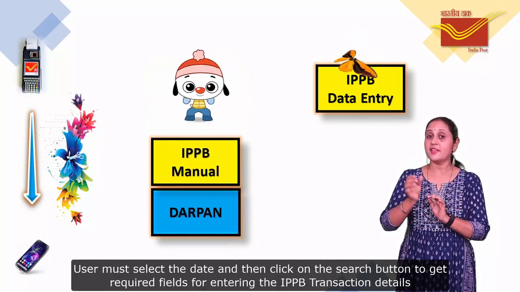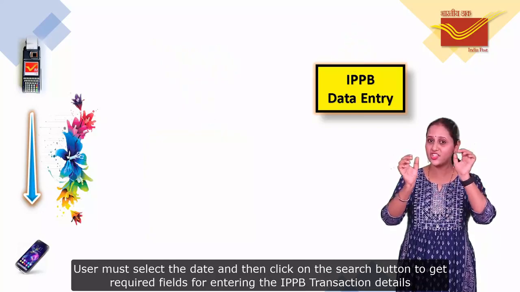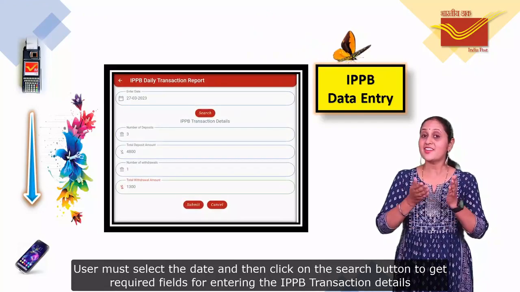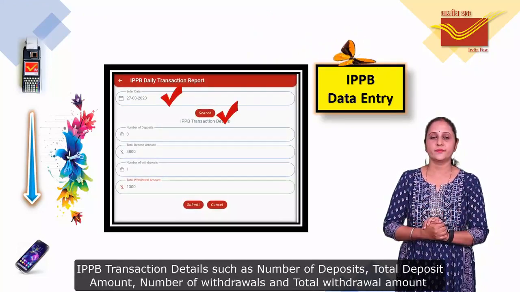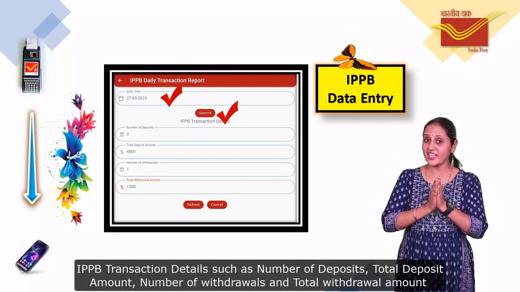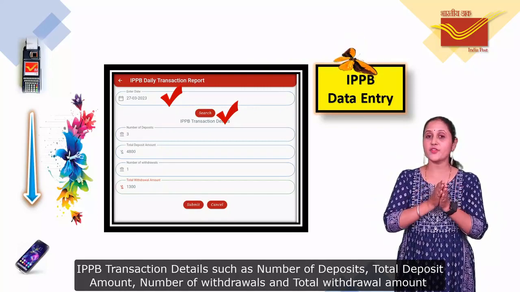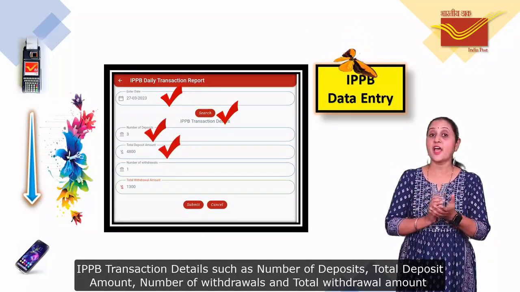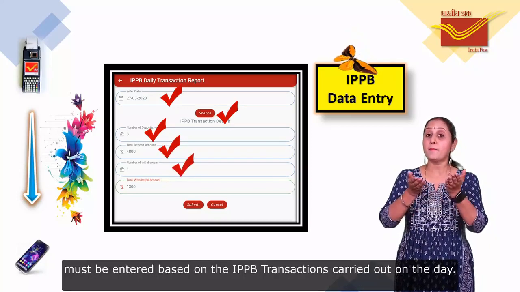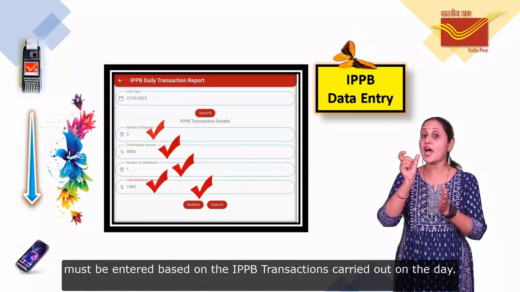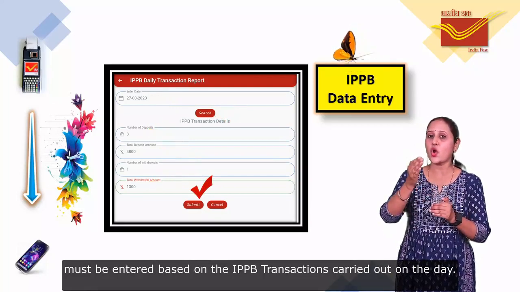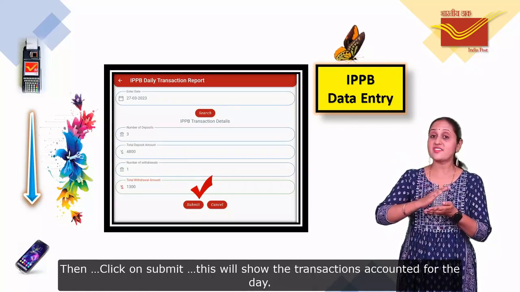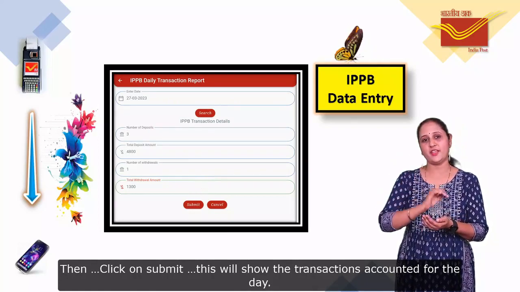The user must select the date and then click on the search button to get the required fields for entering the IPPB transaction details. IPPB transaction details such as number of deposits, total deposit amount, number of withdrawals and total withdrawal amount must be entered based on the IPPB transactions carried out on the day. Then click on submit. This will show the transactions accounted for the day.